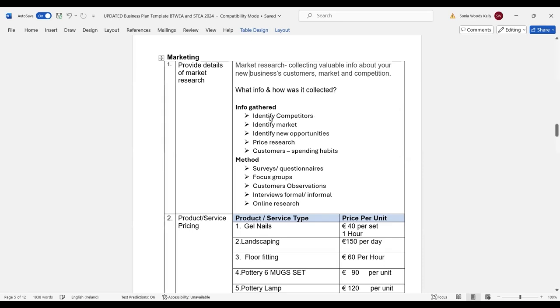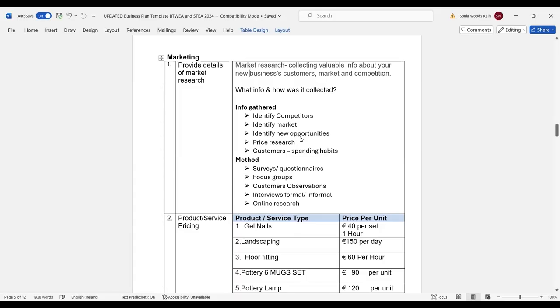Firstly, dealing with the information that you have collected during your market research. Examples of some of the information you may have collected could be where you identify your competitors, list your competitors here and the services they offer. Identify markets that you plan to sell in.